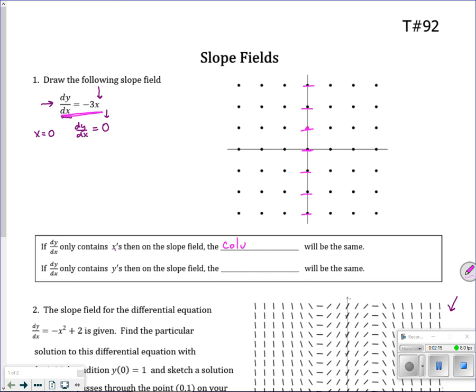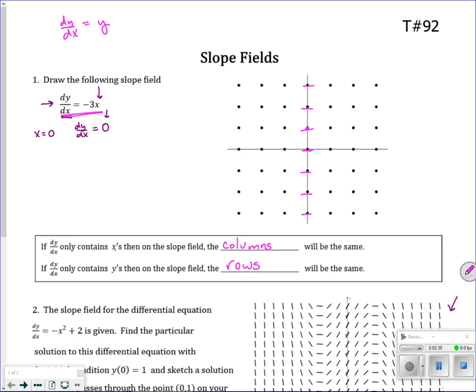The columns. Because your slope isn't dependent on the y's, the columns will be the same. If I had a dy/dx that just had y's in it, then a change in x won't matter, so the rows would be the same.